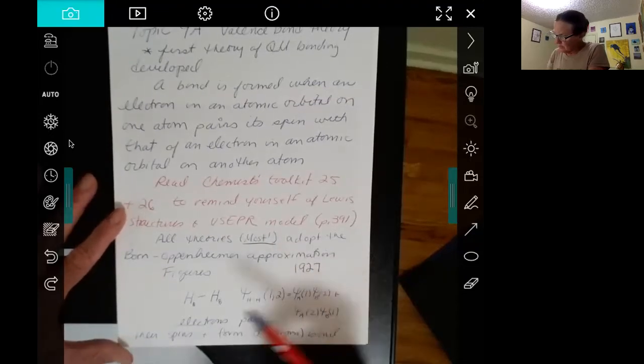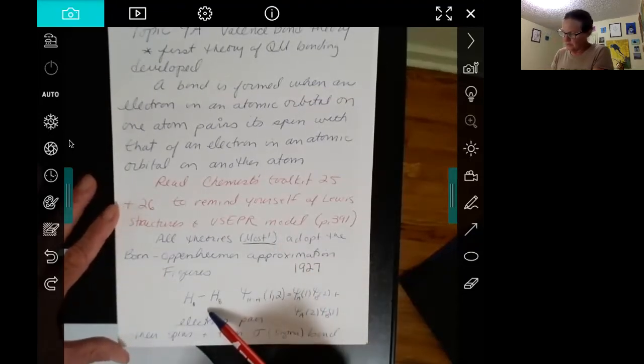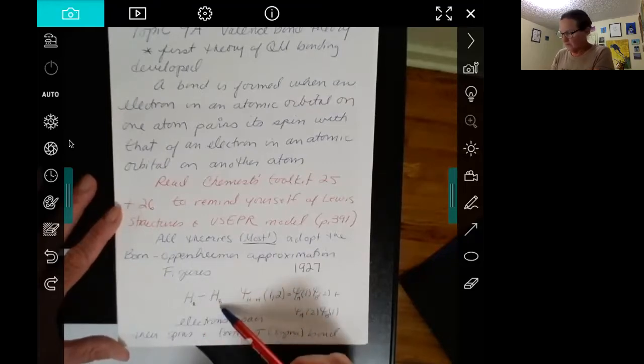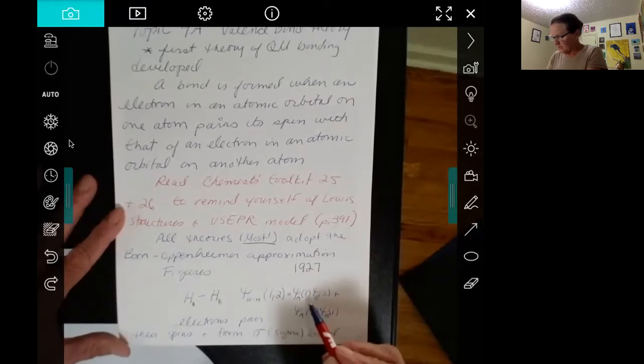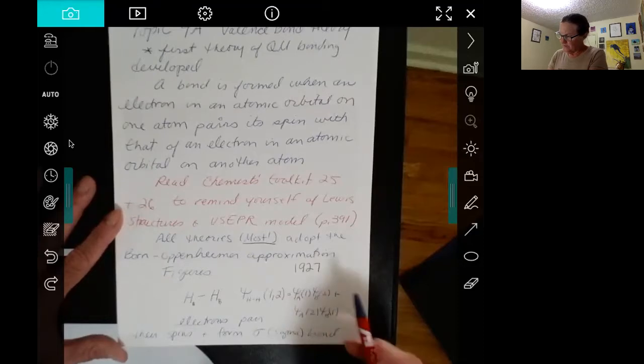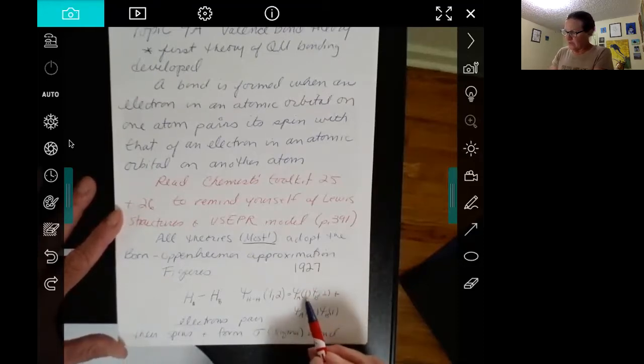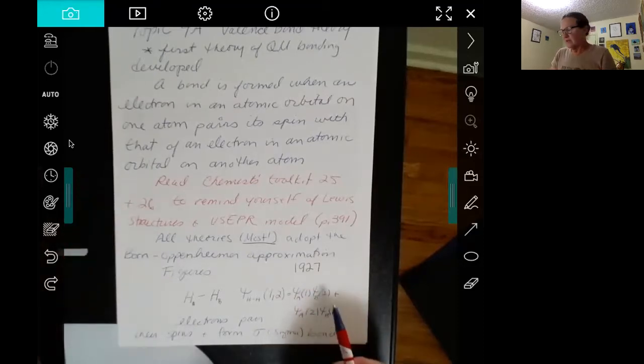So we are going to use the orbital approximation in valence bond theory. So we're going to say we have a hydrogen molecule, for example, and when the bond forms, it's a result of a wave function on the A hydrogen atom and another one on the B, being occupied either by electron 1 or 2. And the thing with electrons and all fundamental particles is you can't tell them apart.